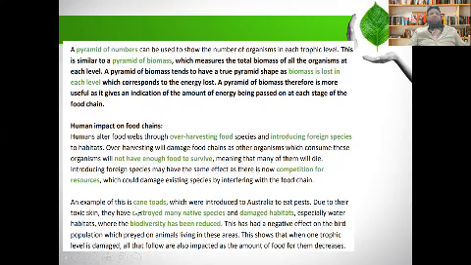An example of this is cane toads, which were introduced in Australia to eat pests. Due to their toxic skin, they have destroyed many native species and damaged habitats, especially water habitats where the biodiversity has been reduced.